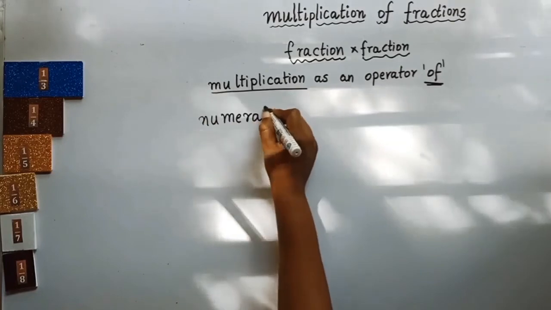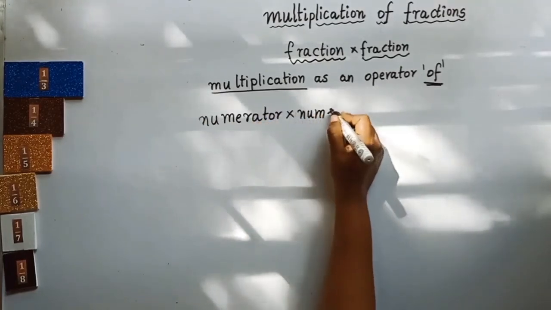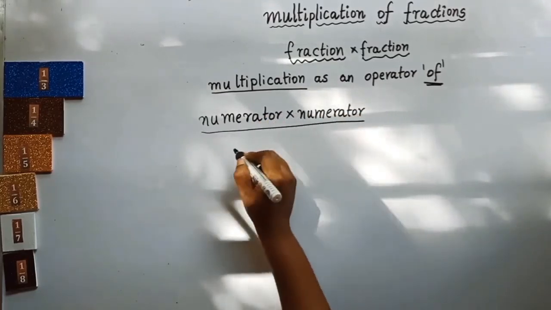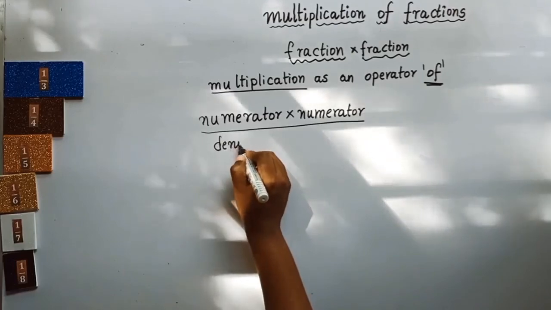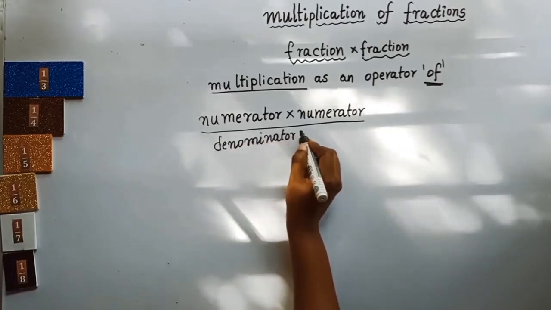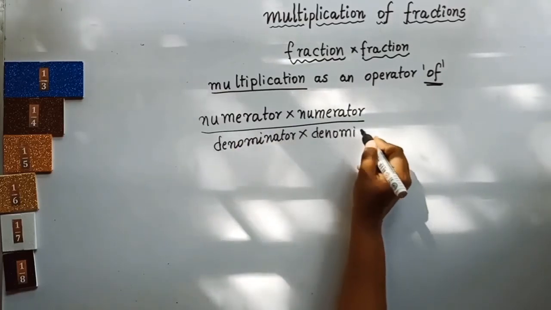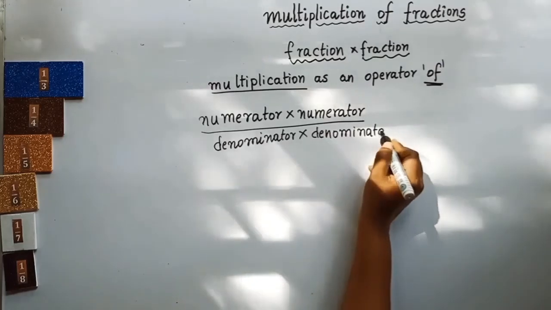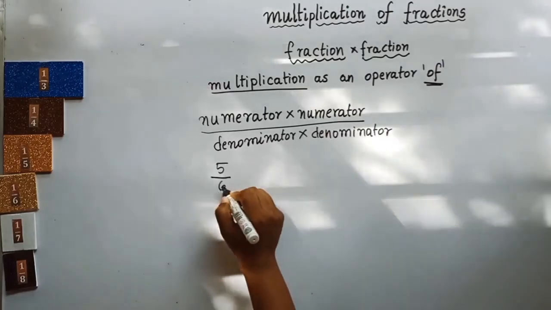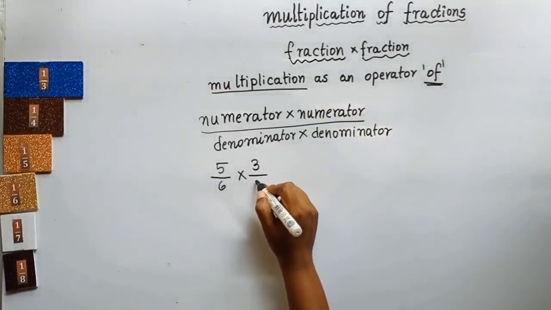So while multiplying fractions, multiply numerator into numerator and denominator into denominator. Multiplication of fractions is very easy.